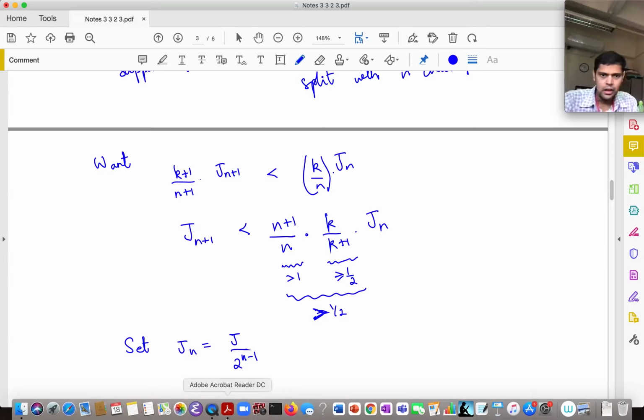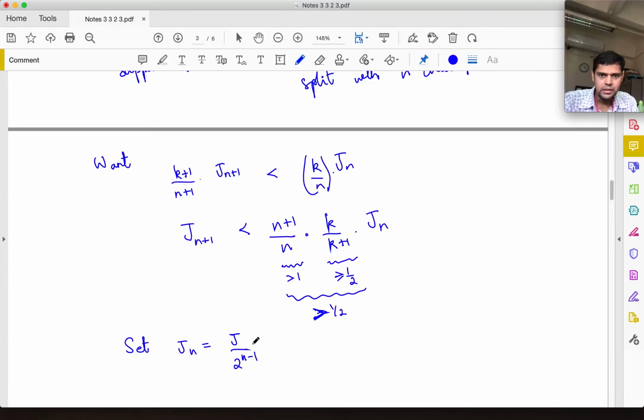Okay, and we can see that in fact this is going to be true because this number is going to be greater than half. So if we divide by 2 every time we go from n to n plus 1, the quantity on the left side is going to be less than the quantity on the right hand side.